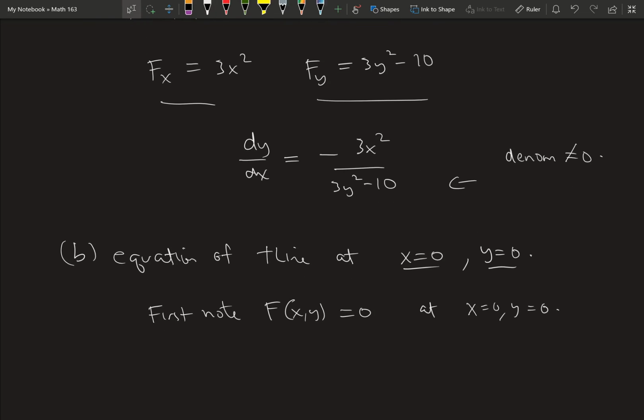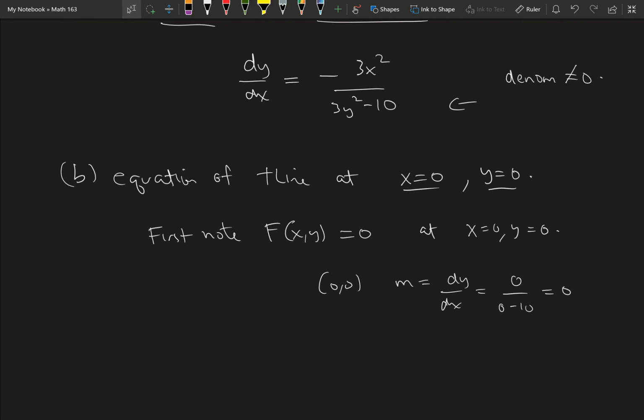Well, now we have a point, 0, 0. All we need is a slope. Well, what is our slope? Our slope is dy dx. And that's 0 over 0 minus 10. So our slope is 0. If our slope is 0, then the tangent line, well, it still works by the same formulation.